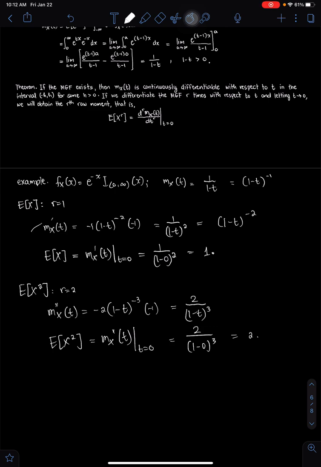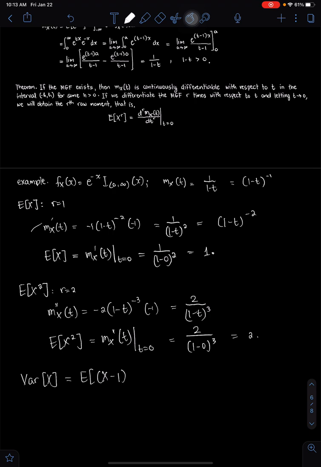Now if you want to solve for the variance of the random variable x, we know that the variance is the expected value of (x minus its mean) squared, right? But what is the mean? The mean is just 1.